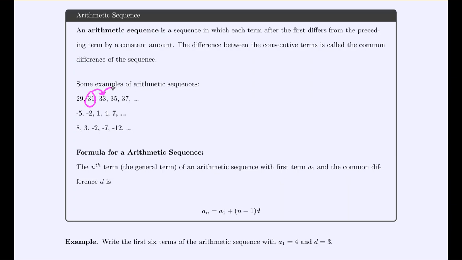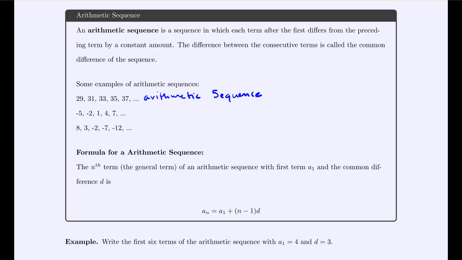And then to go from 33 to 35, we add 2. 35 to 37, we add 2. So for our first sequence, the pattern is that each term is just found by taking 2 plus the previous term. And that's an example of an arithmetic sequence because each term differs by a constant amount.